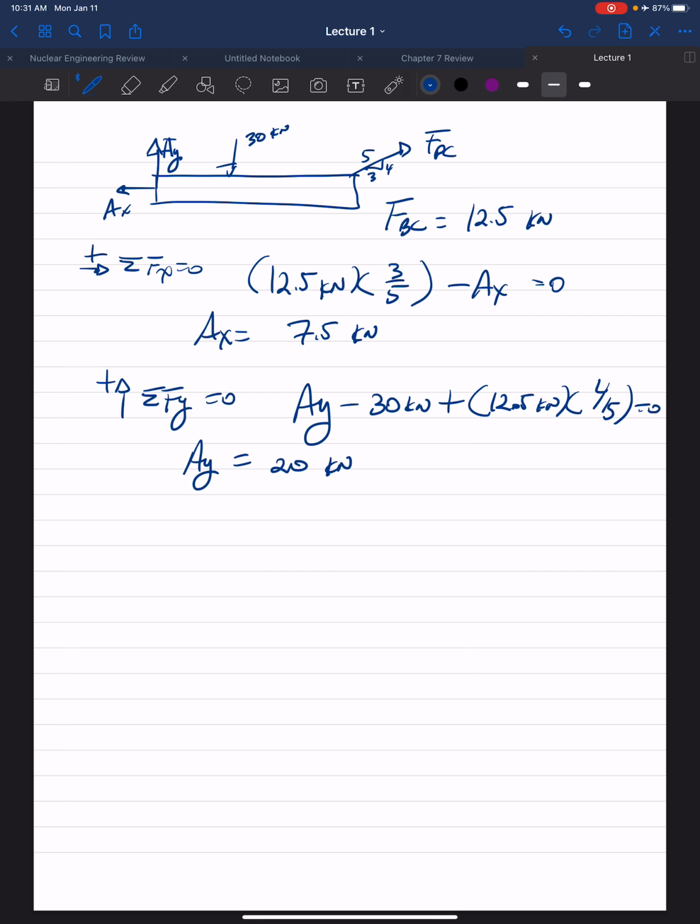So then for the pin at A, this is our pin. Then we have the force of the beam, which is FA. But since it's double supported, double shear, remember, it's two fixed leaves.